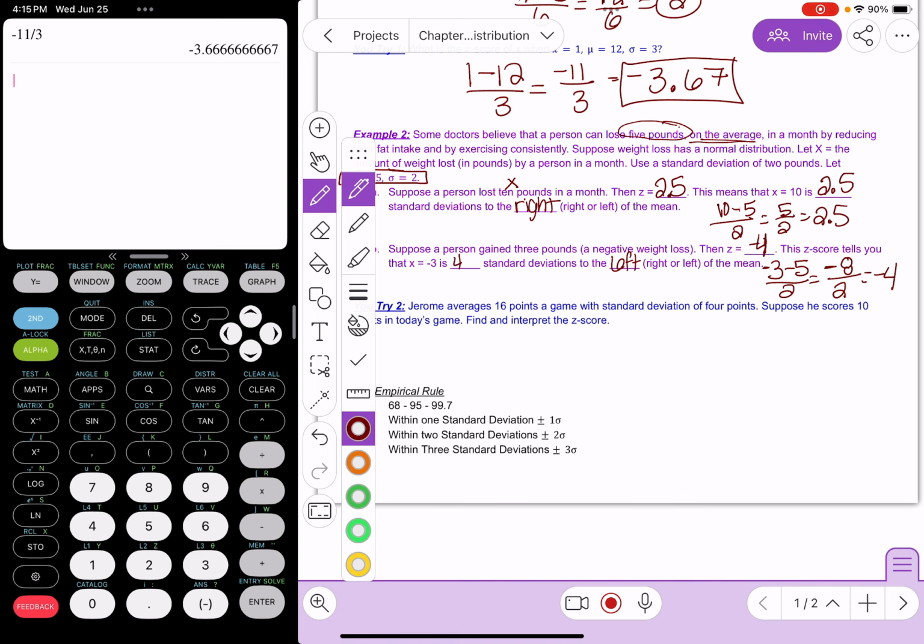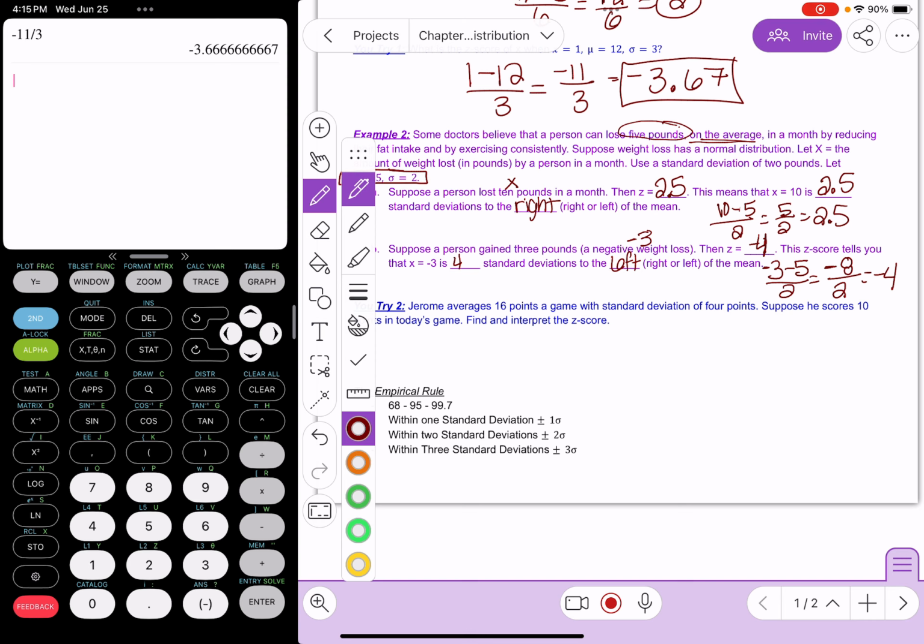So you are 4 standard deviations to the left. So gaining 3, a negative weight loss means you gained negative 3 pounds. Yeah, so I had done that wrong initially.